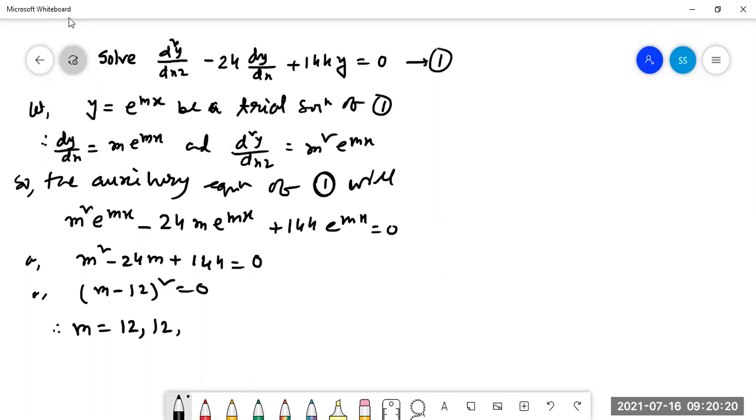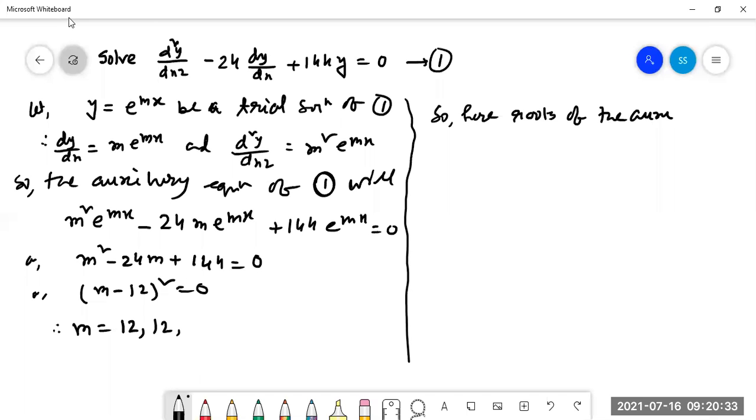The value of m. So here the roots of the auxiliary equation are real and equal.